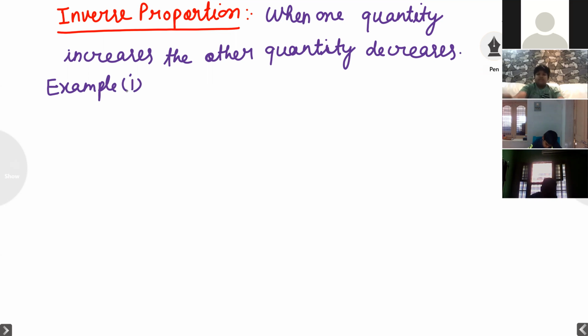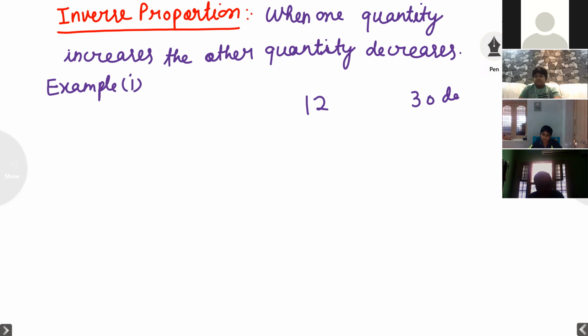First example, a very simple example I am telling you, students. Suppose 12 workers are constructing one building. They are taking 30 days.